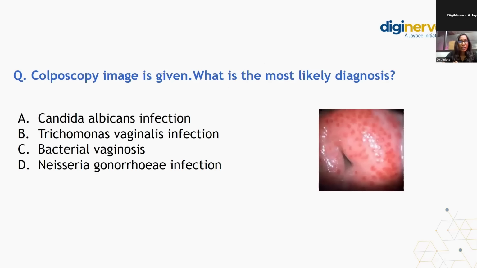Next question. A colposcopy image is given. What is the most likely diagnosis? If you see this image, you're able to see a cervix which is having lots of dots resembling strawberry. Okay.